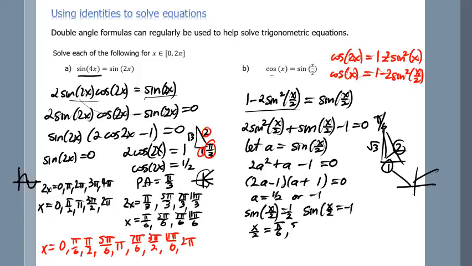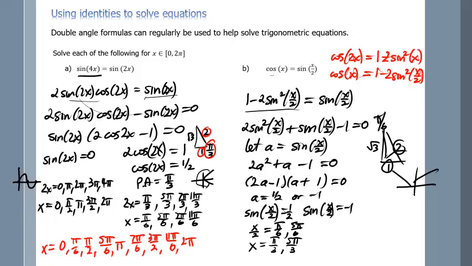So I've got 5 pi on 6 as my other solution. Let's multiply the 2 across. I get x equals 2 pi on 6, which is pi on 3. And then here I'm going to get 10 pi on 6, which is 5 pi on 3. They're both in the solution.